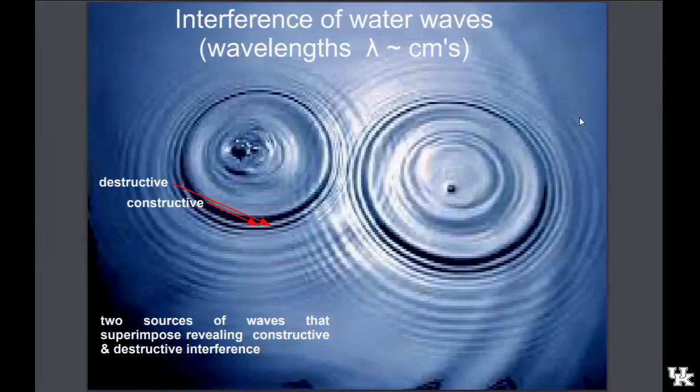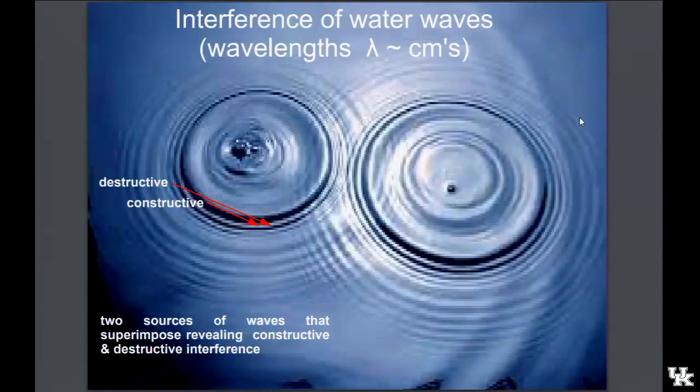And those water waves are these circles of crests and troughs that are emerging out from that source of water waves. And then over here on the right-hand side, we're also making some water waves. Again, I don't know how, but again, there's a source of water waves, and those concentric circles of crests and troughs are emerging outwards.